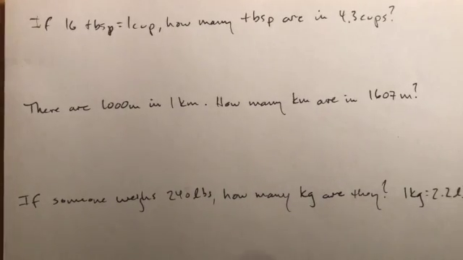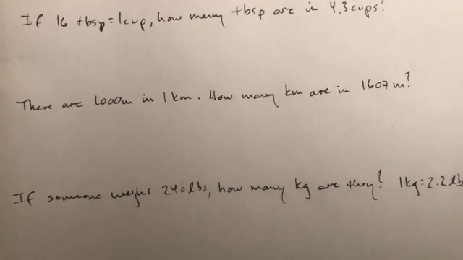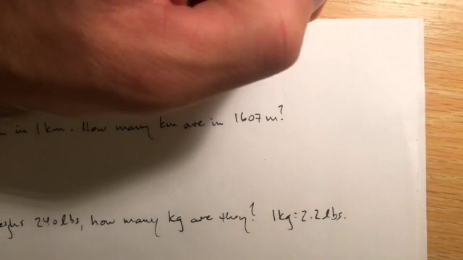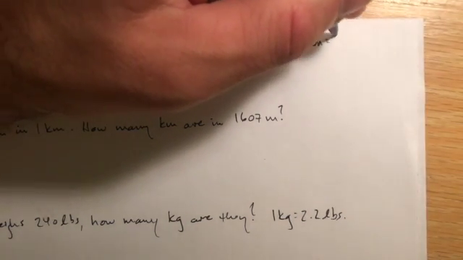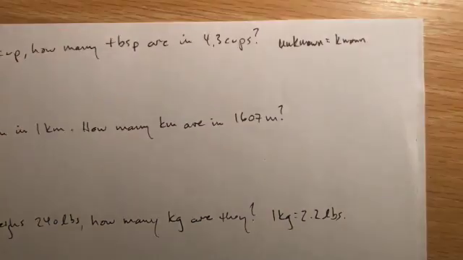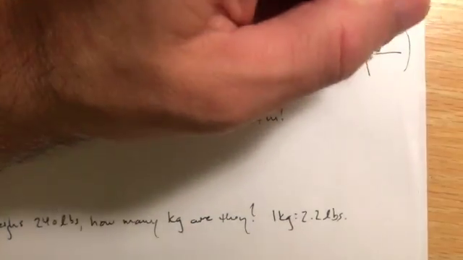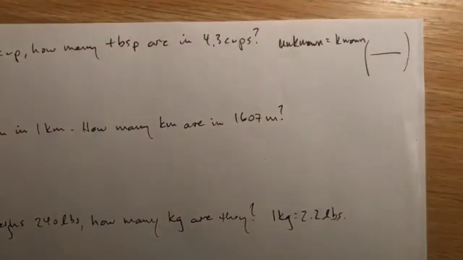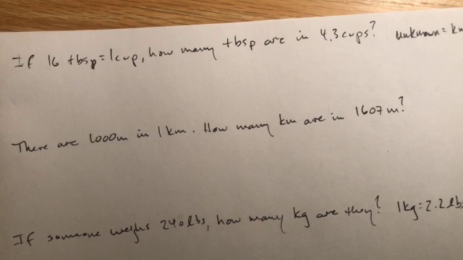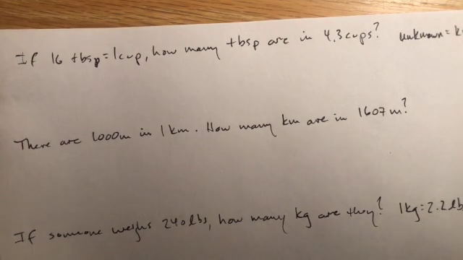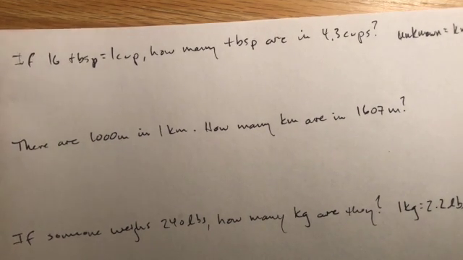All right, the other thing you're going to have to know is how to do dimensional analysis. And so I'm going to run through some different problems here. Remember that these all take the general form of set your unknown equal to your known value, and then there's only going to be one conversion factor for each of these. All right, so first one, if 16 tablespoons equals 1 cup, how many tablespoons are in 4.3 cups?